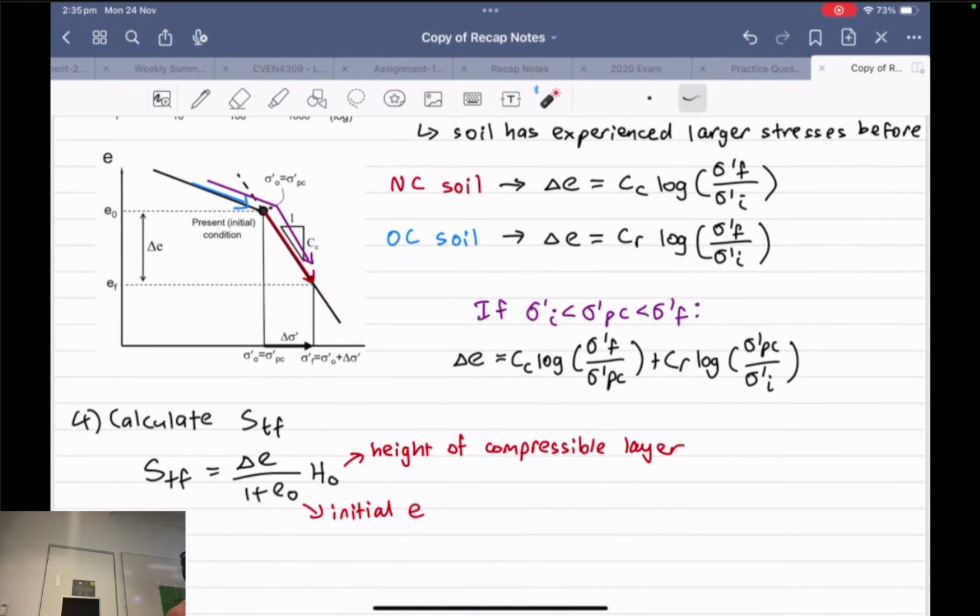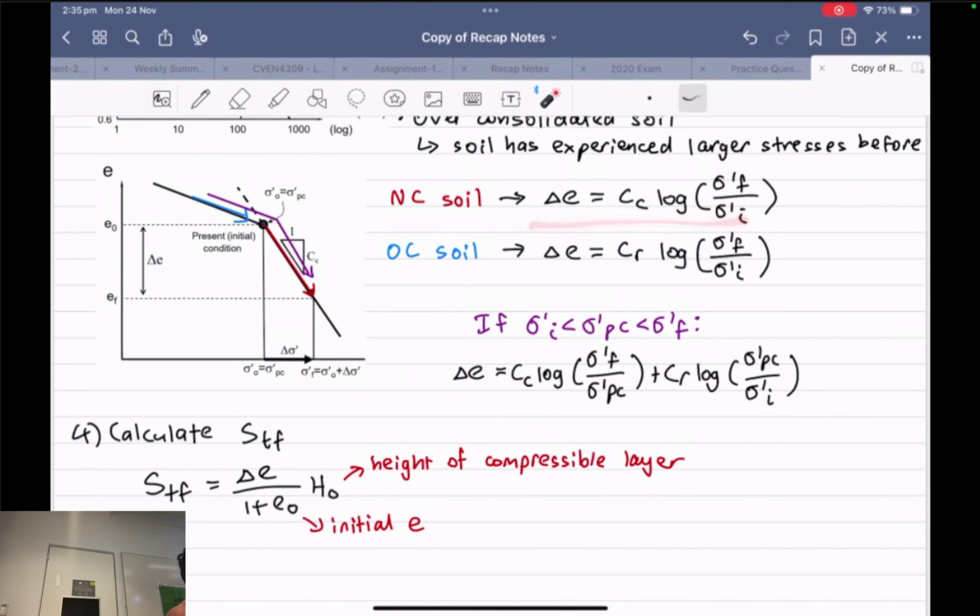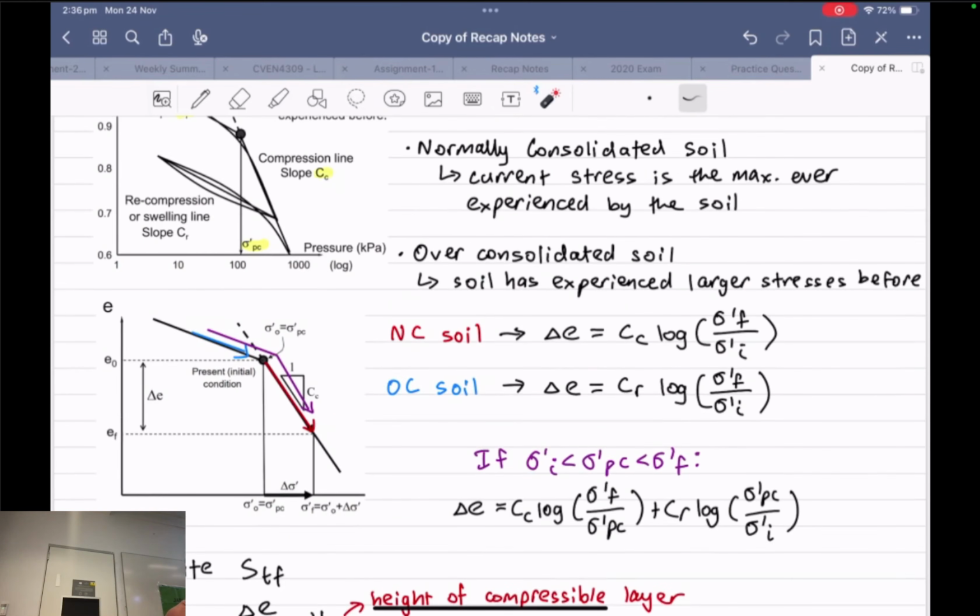Alright, so these are the relationships for normally and overconsolidated soil. And if your sigma dash PC, which is the most amount of pressure your soil has experienced, is in between your initial and your final effective stress, then you have to use a combination of CC and CR. Imagine the first case, overconsolidated soil. That's when the soil has experienced greater stress before.